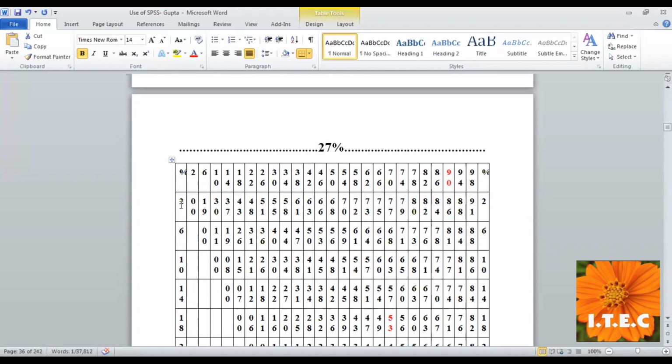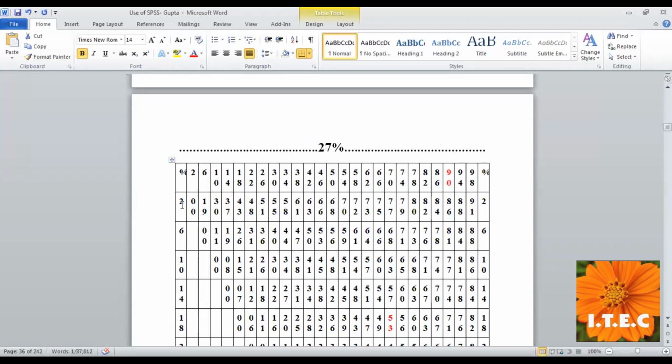Or you can say 2% from the top and 2% from the bottom. That means discrimination is 0. If it is 6% from the top and 6% from the bottom, it is 0. So all diagonal will be 0.